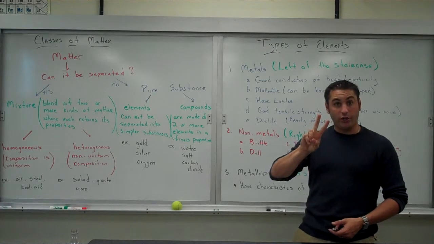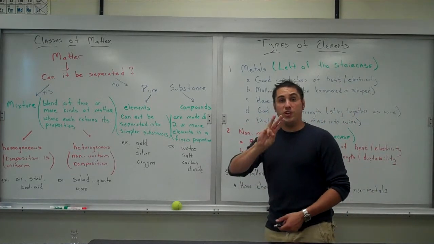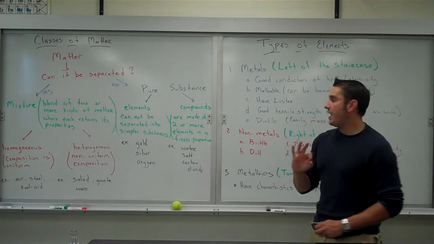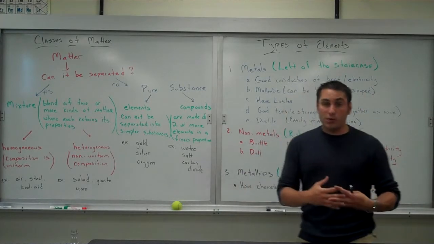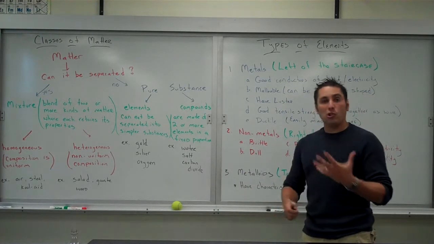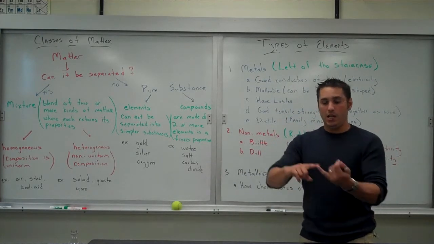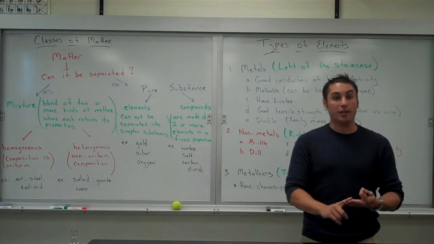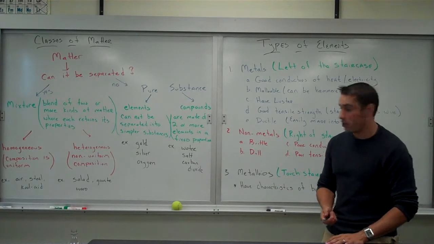It has sugar, which is a compound. And it has food dye, which is a compound. So there's three different things that are in Kool-Aid. However, when I mix those three things together, it looks like one thing. I hold up a glass of Kool-Aid, you can't see the sugar separated from the food dye, separated from the water. It all looks like one thing. That is a homogeneous mixture.